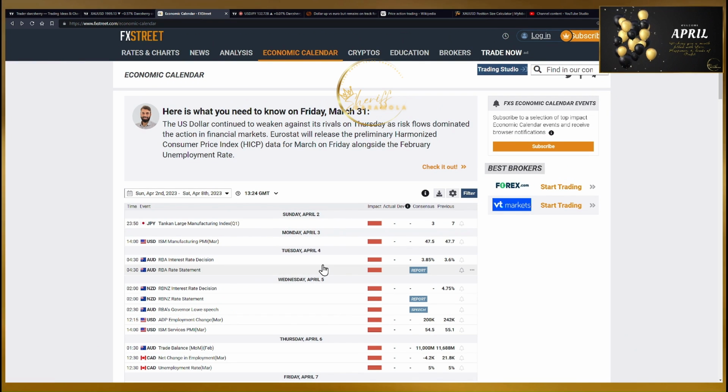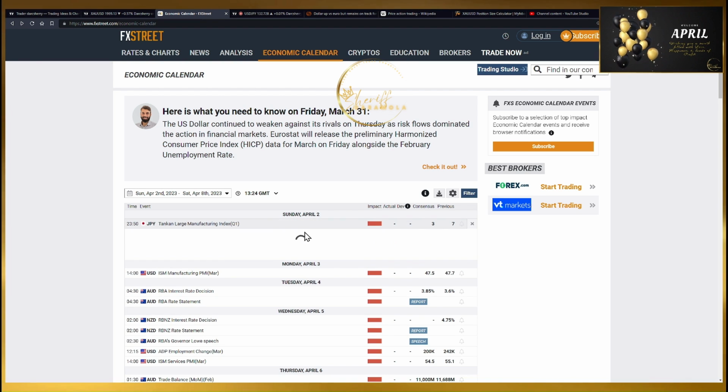And on the economic calendar, we are going to be focusing on events that will be affecting both the US dollar and the Japanese yen. So on Sunday today, that is going to be happening in probably 12 hours from now, we are going to be looking forward to the Tankan Large Manufacturing Index.